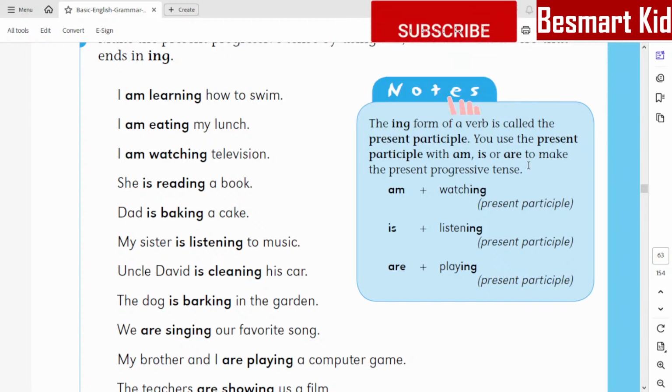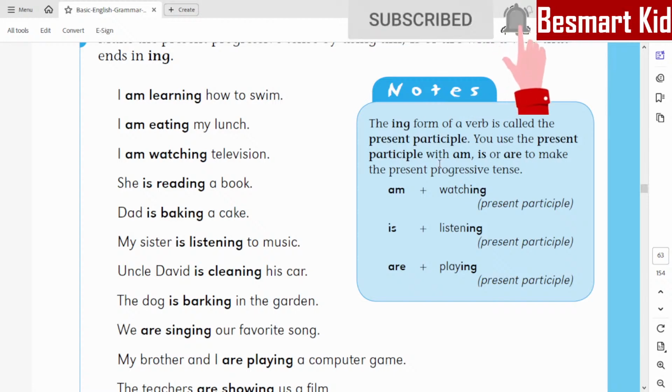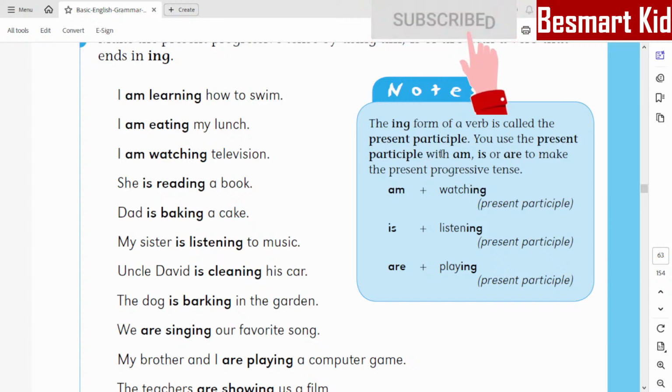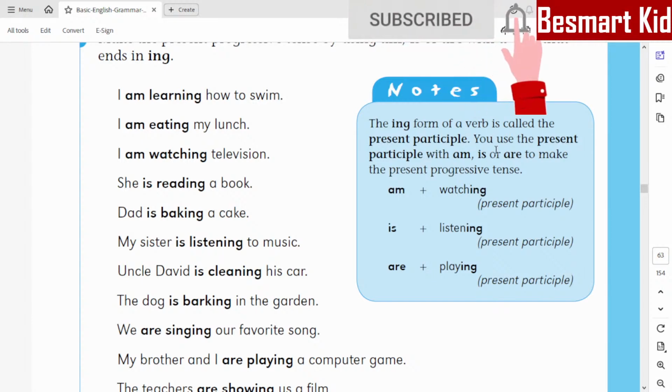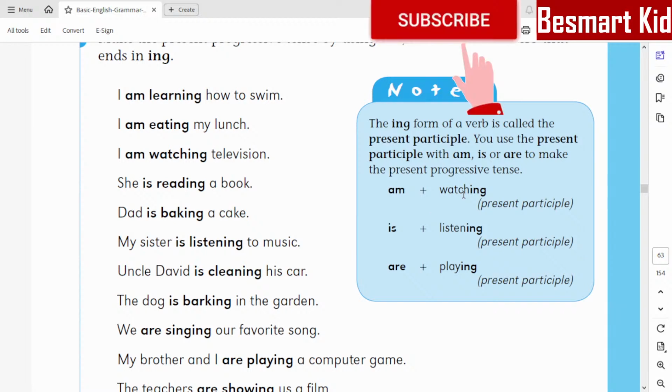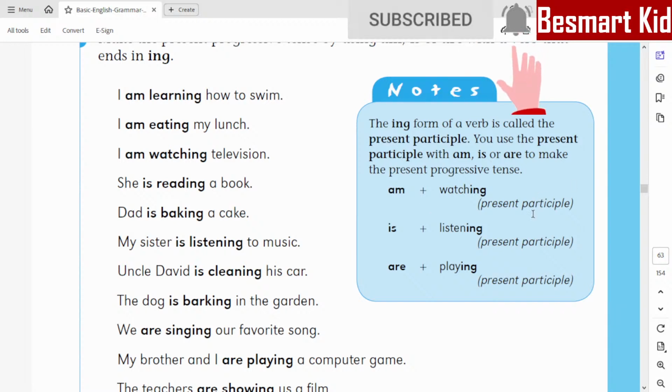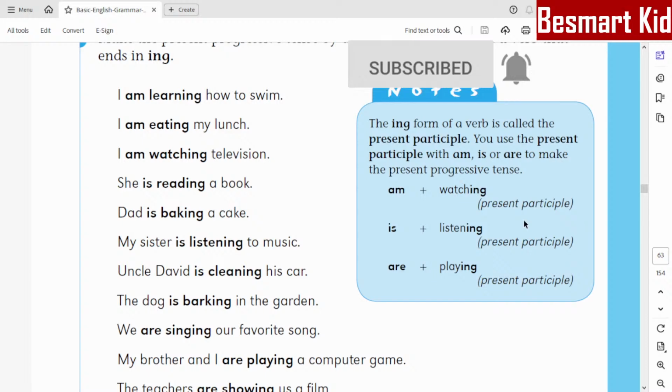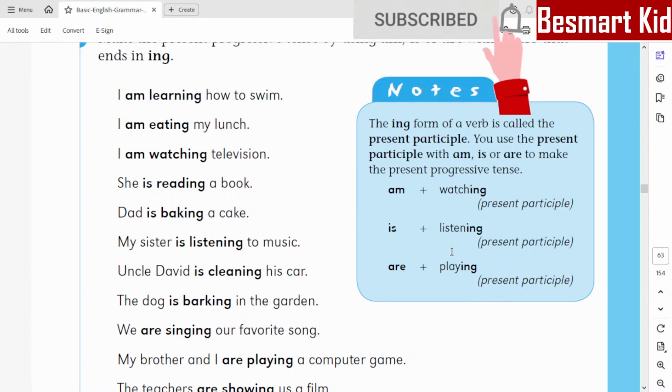So when you say present participle, I think you can also say the present participle. Am plus watching is I'm watching. So that is the present participle because there's ing.